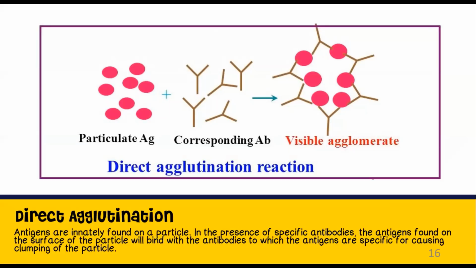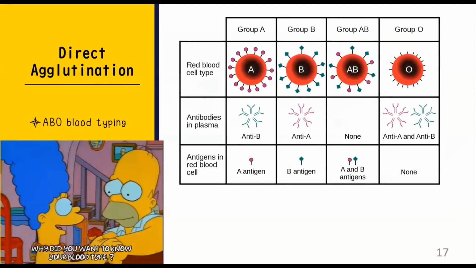Typical example here is your ABO blood typing. In ABO blood typing, the antigens are the A, B, and AB antigens. These antigens are naturally found on the surface of our red blood cells. So, kung blood type A ka, you have the A antigen on your RBC. Kung type B, you have the B antigen. AB, if you have both antigens, and type O, if you don't have the antigen.